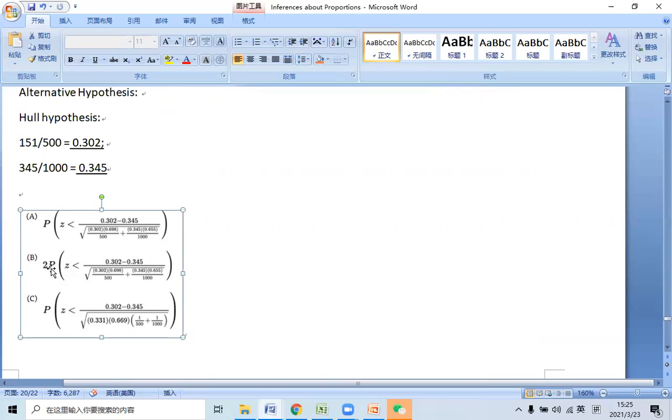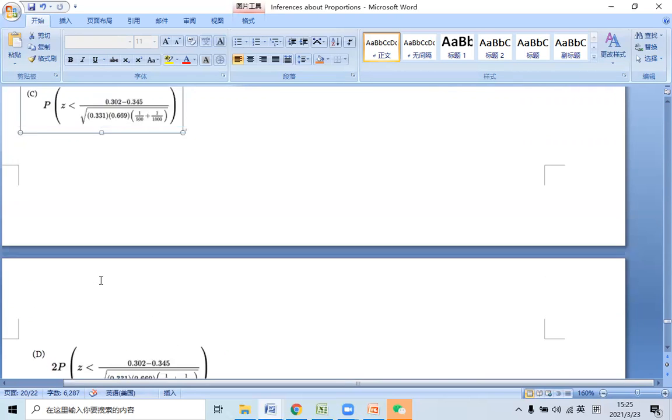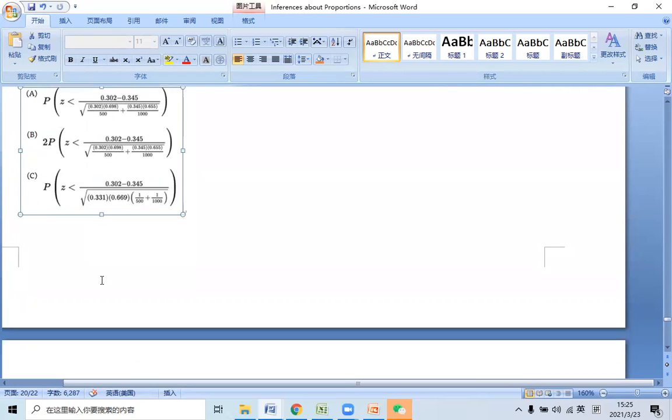How about B? B, you are looking for a two-tailed test. And then Z, well, you want the Z to be smaller? No. You want Z to be larger, to be more extreme. What do you mean by more extreme?